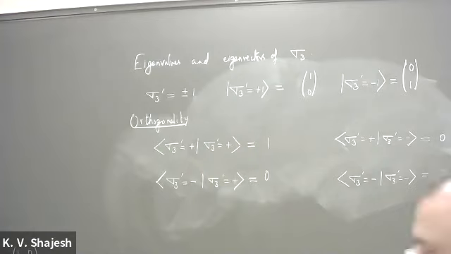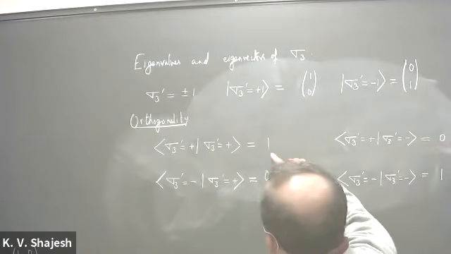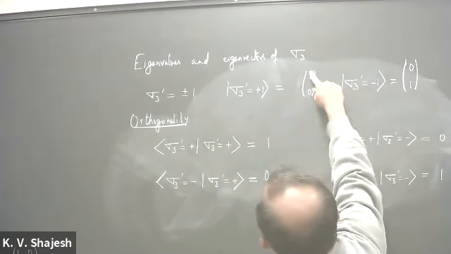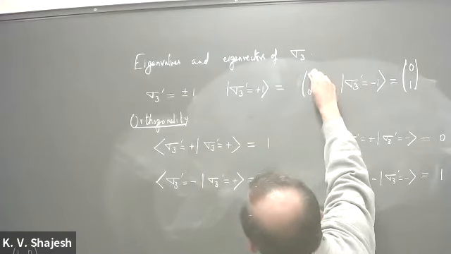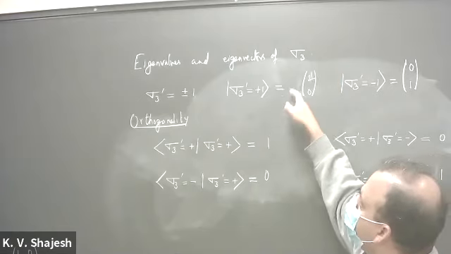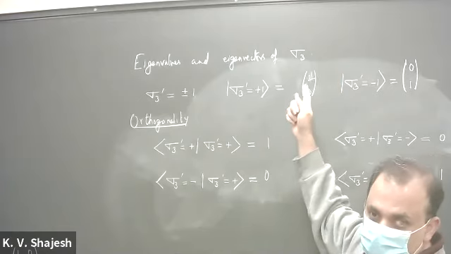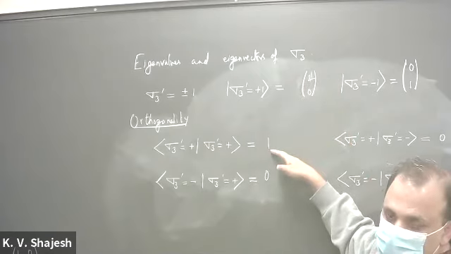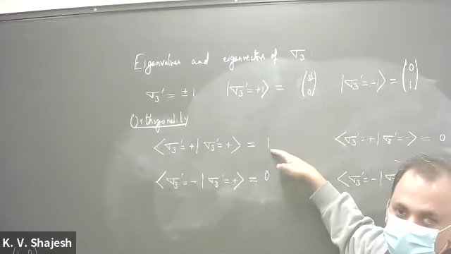Orthogonality and orthonormal are different. Orthogonality means this could have been any number. For example, this is also an eigenvector, right? If you check it, it will actually give you 2 times this. So if you were to do that here, you will get a 4 there. So it just has to be non-zero, right?